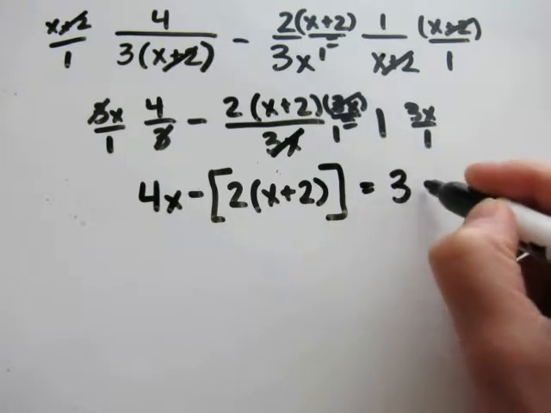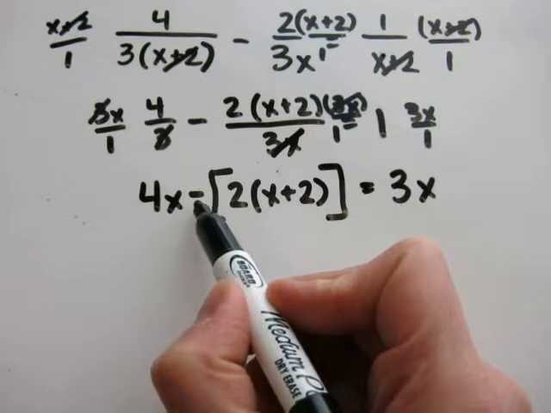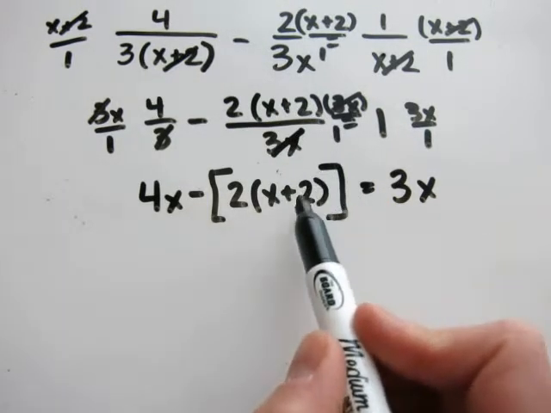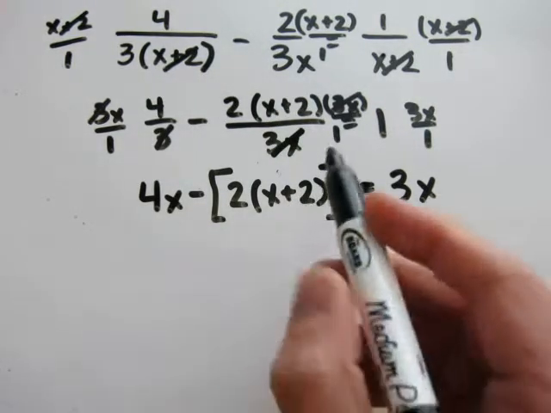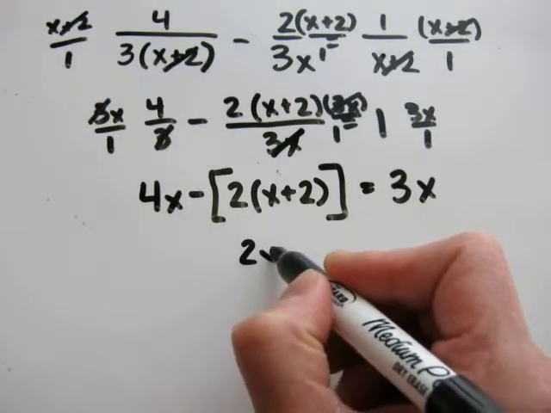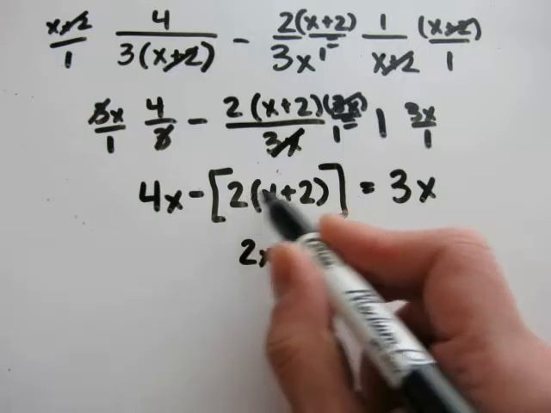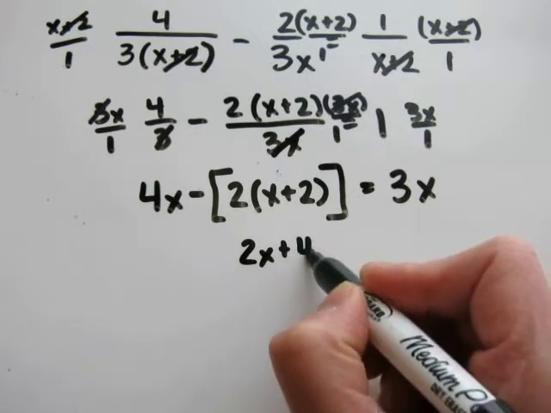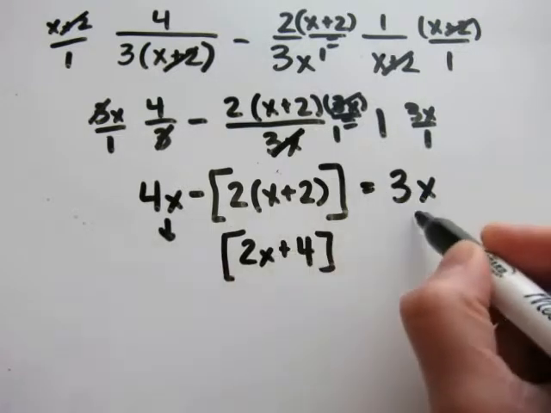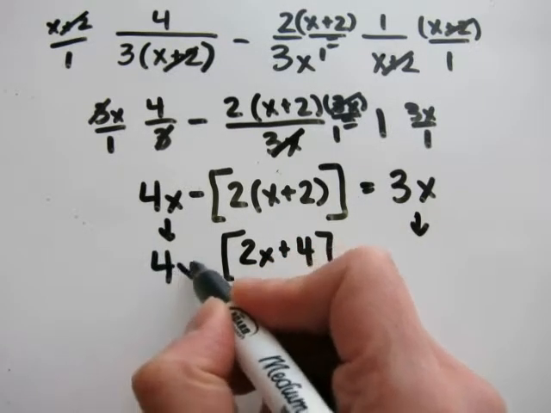1 times 3x is 3x. I kept this in brackets because I'm subtracting this 2 times x plus 2, and I still have to get rid of my parentheses, which I'm going to do right now. 2 times x is 2x. 2 times 2 is 4. Carry everything down.